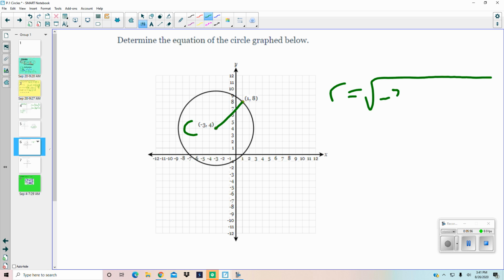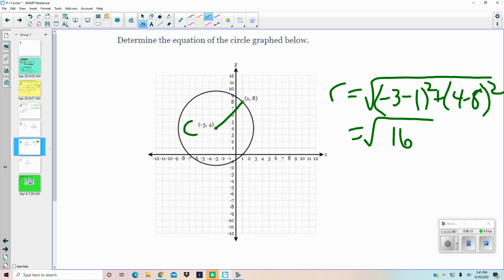So (-3 - 1)² + (4 - 8)². We already did an assignment on the distance formula, so you should have that memorized. That gives me (-4)², which is 16, and (-4)², which is 16. So I end up with the square root of 32.